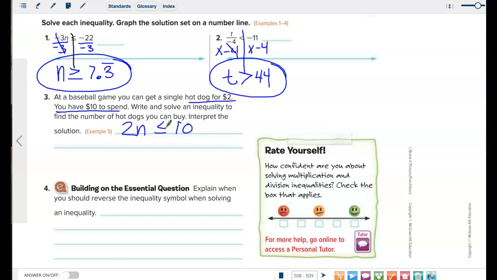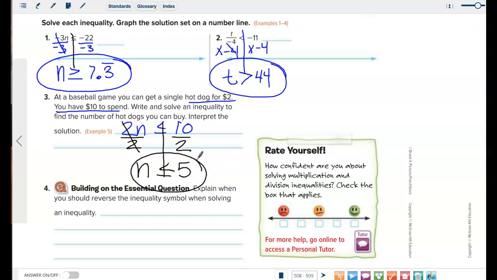To solve the inequality, I do the opposite operation. The opposite of multiplying is dividing. So I divide by 2, divide by 2, and since I divided by a positive number, my sign is going to stay the same. N is less than or equal to 5.